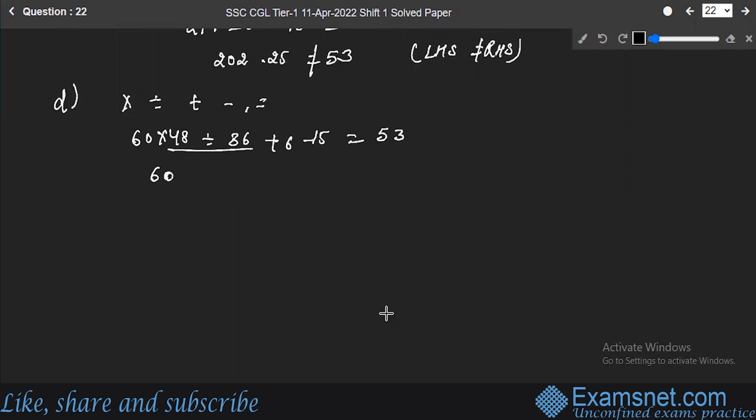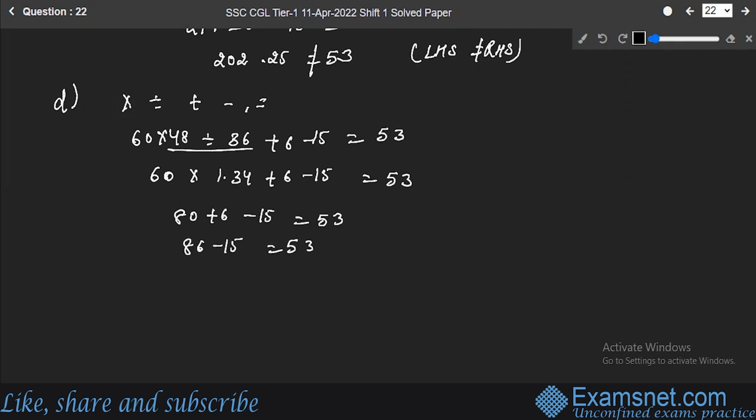So this will be 60 multiplied by 1 by 3, 4 plus 6 minus 15 is equal to 53. I'll be doing the multiplication of these two numbers. I'll have 80 plus 6 minus 15 is equal to 53. 86 minus 15 is equal to 53, or this will give me 71 is equal to 53, which is not true. LHS is not equal to RHS.